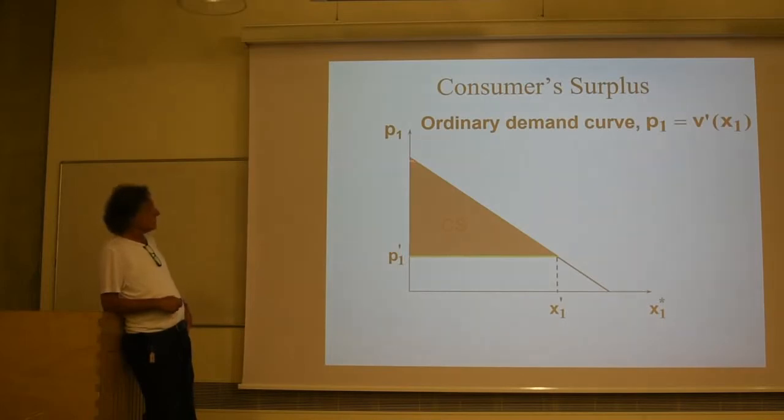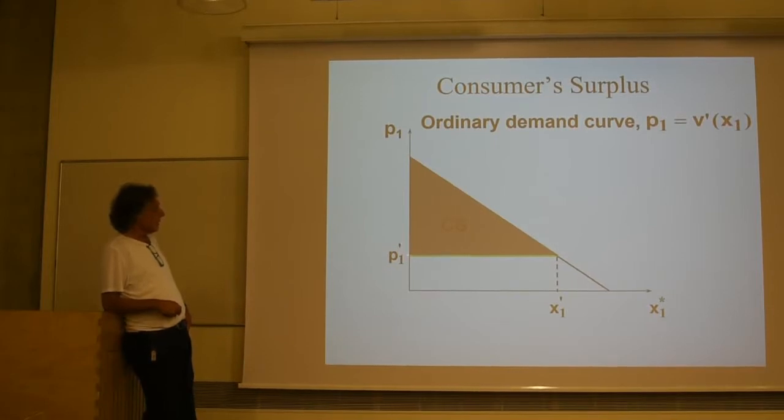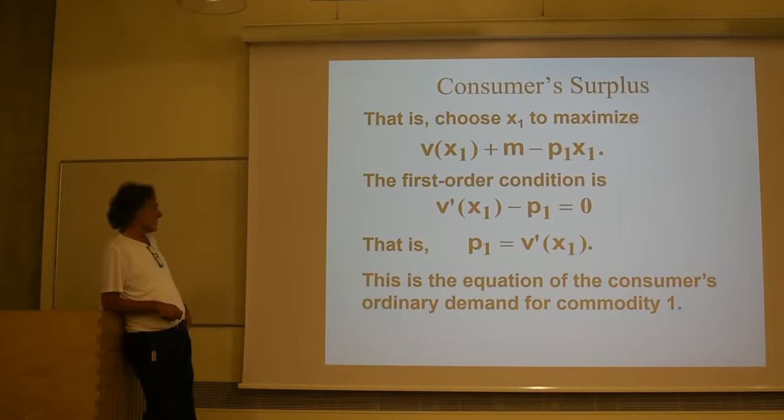So this is actually the consumer surplus. If the price is P1 prime, the inverse demand doesn't matter, the curve is the same.